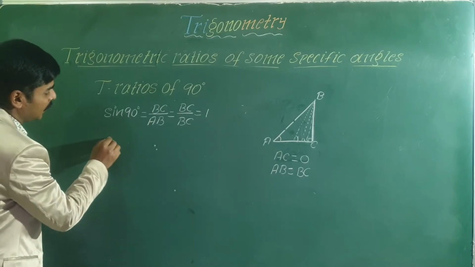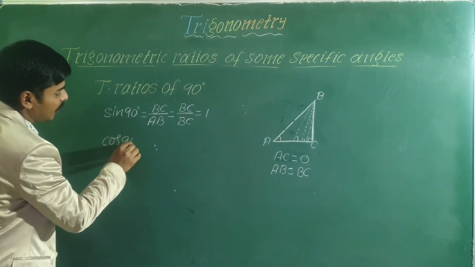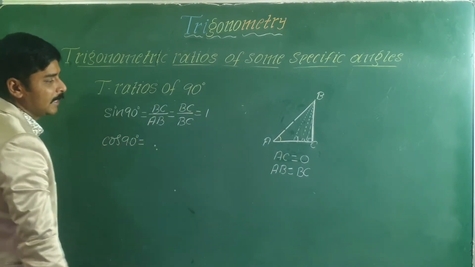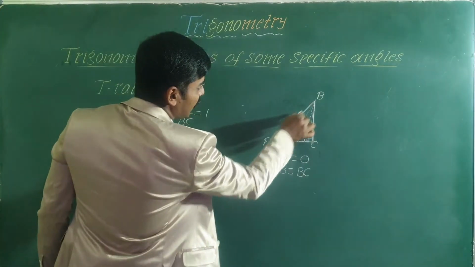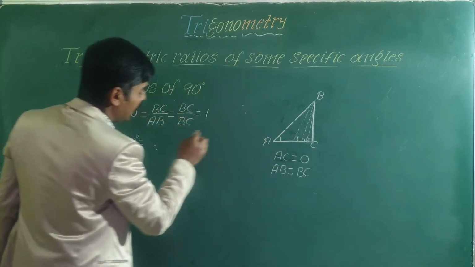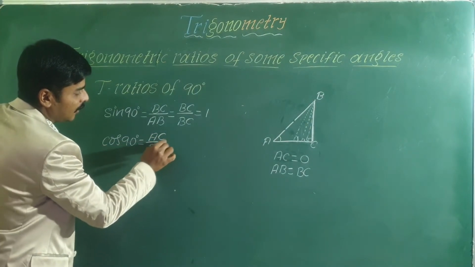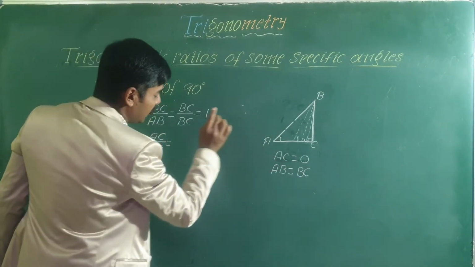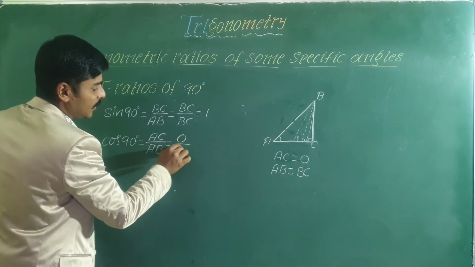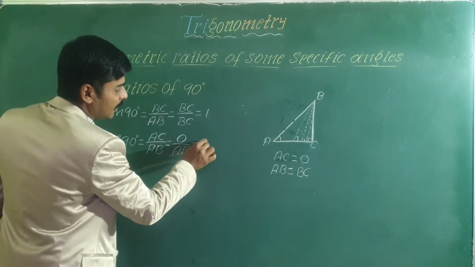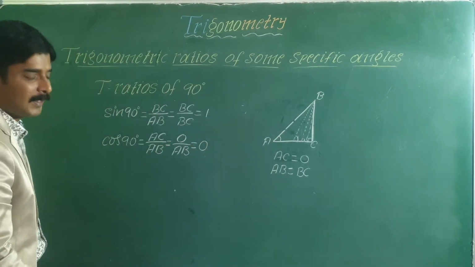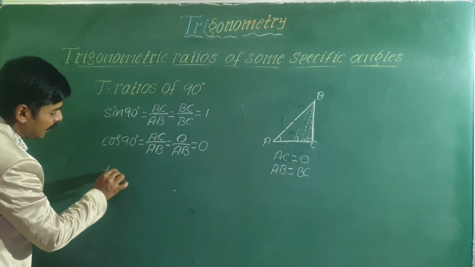Next, let us take cos 90. It is adjacent side by hypotenuse, that is AC by AB. See, AC is equal to 0. So 0 by anything is 0. Next, tan 90.